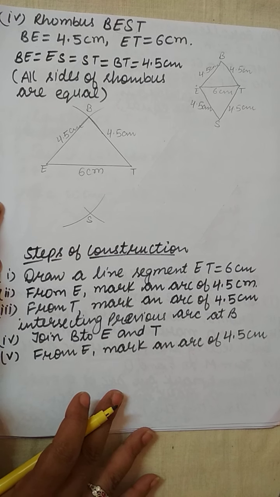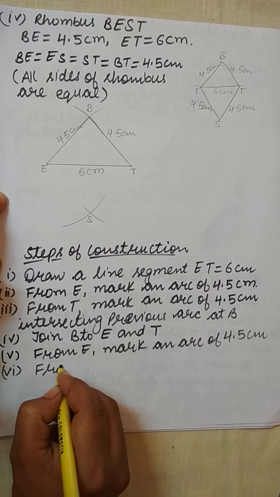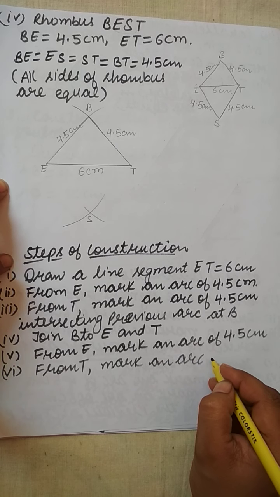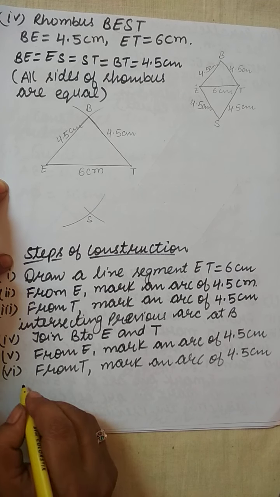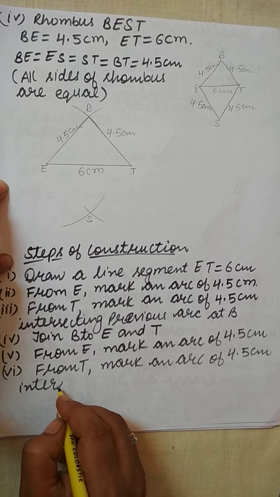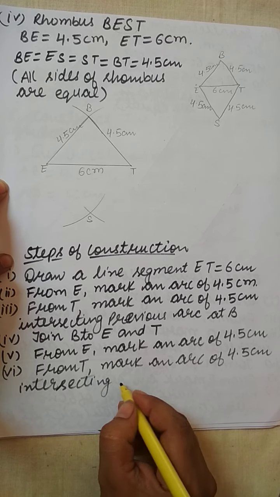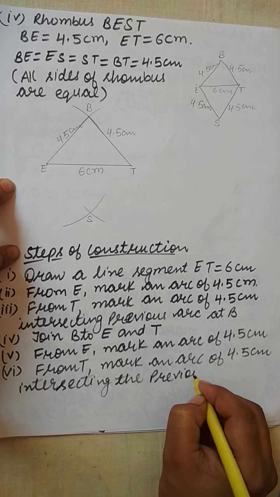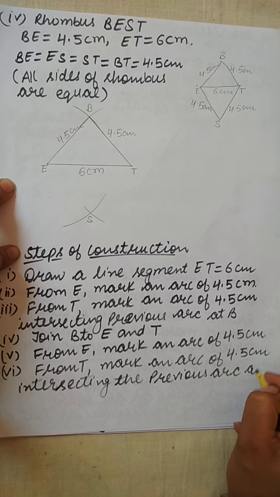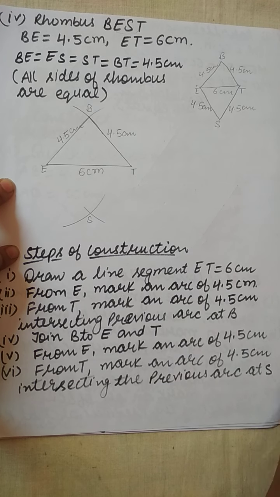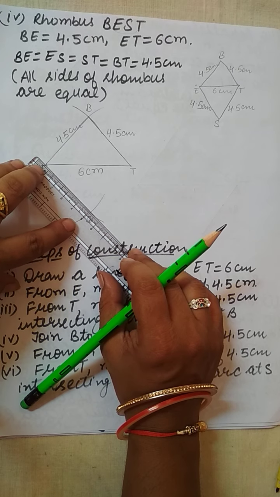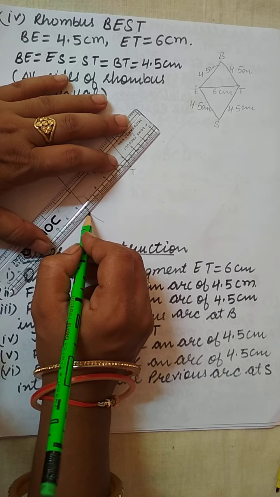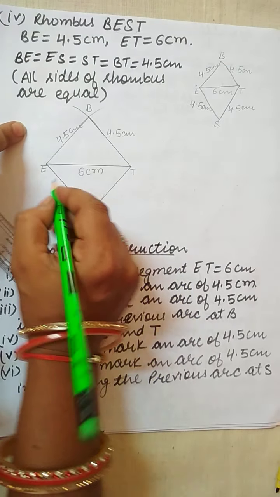And then sixth step of construction is from T, mark an arc of 4.5 centimeter intersecting the previous arc at S. Now join S to E and T. Both are 4.5 centimeter.